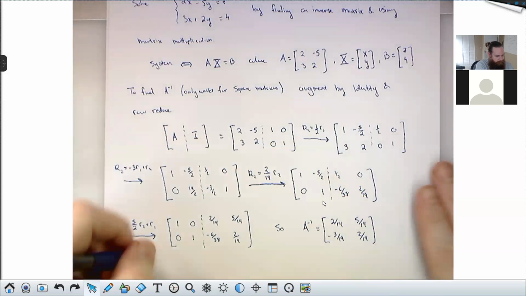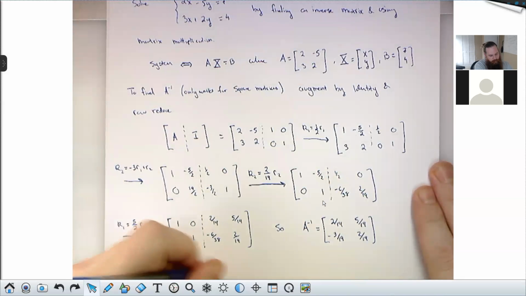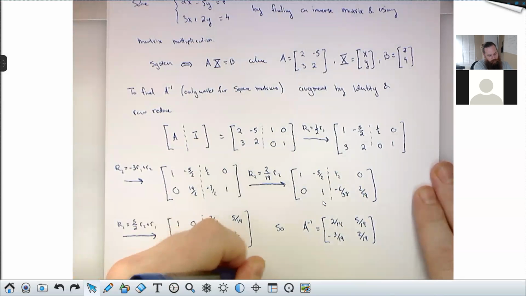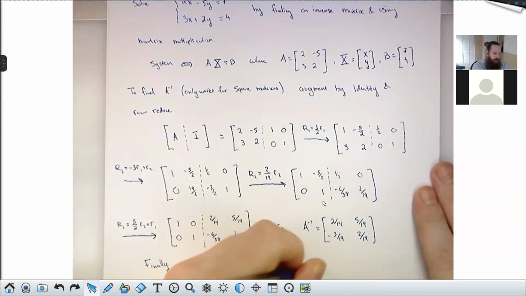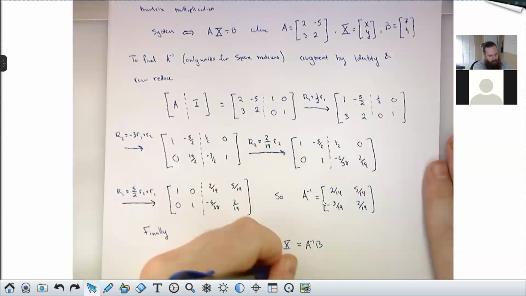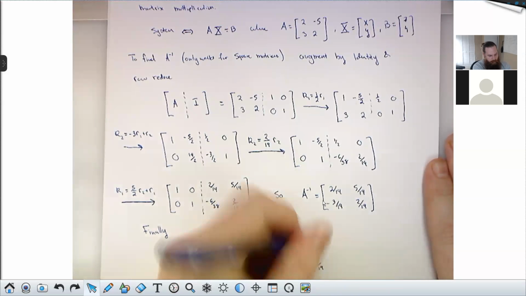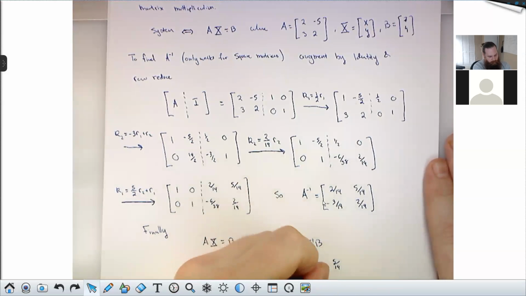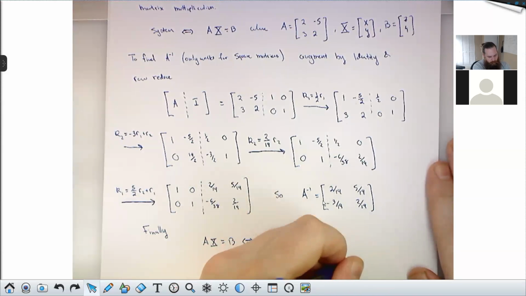And finally, AX equals B is equivalent to A inverse AX equals A inverse B. A inverse times A is the identity, so we just get X equals A inverse, which is 2/19, 5/19, negative 3/19, 2/19 times B, which is 7/4.